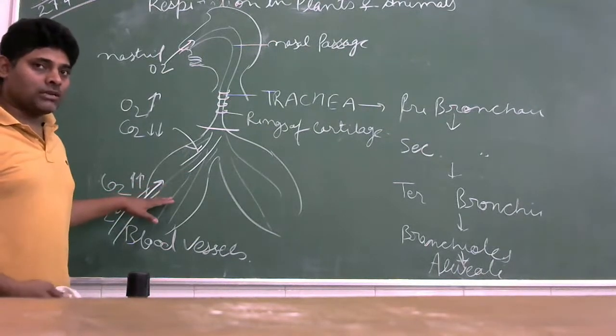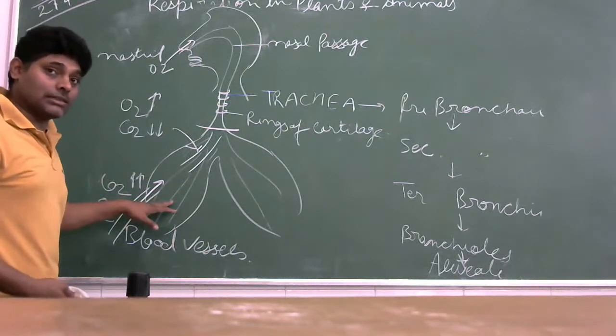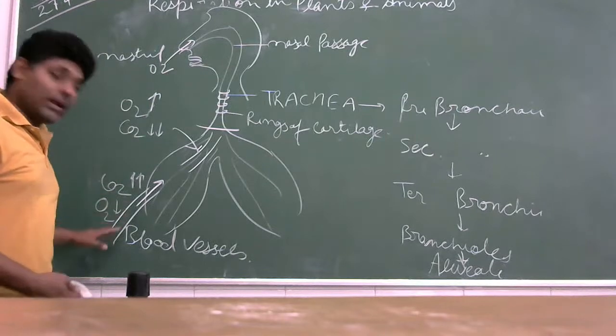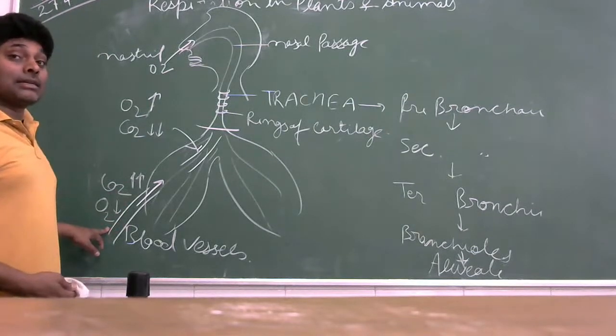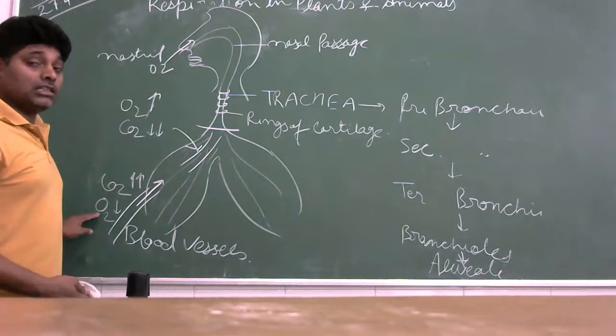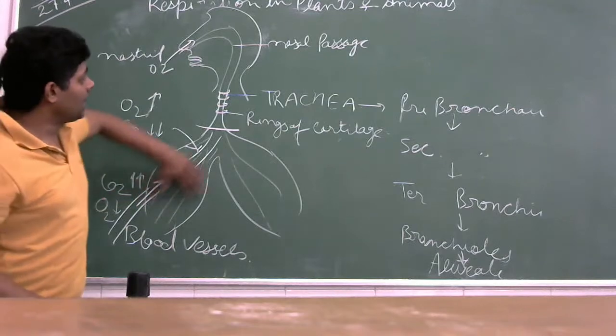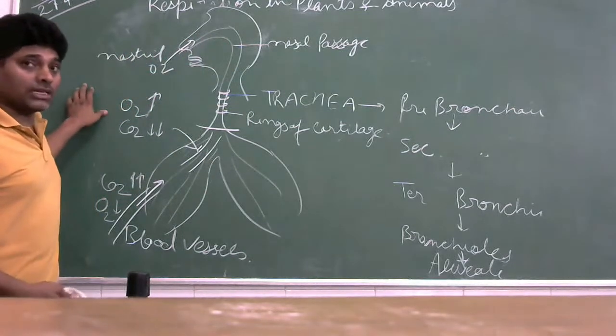So oxygen will diffuse inside the blood from the lungs. In blood, carbon dioxide concentration is much more than in the lungs. So carbon dioxide will diffuse out into the lungs, which will be further exhaled outside the body.